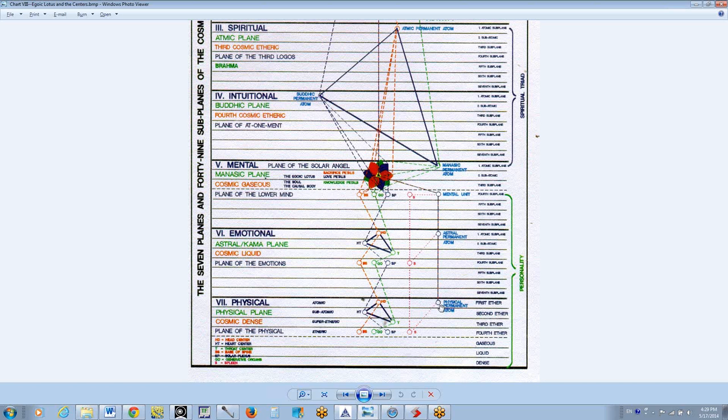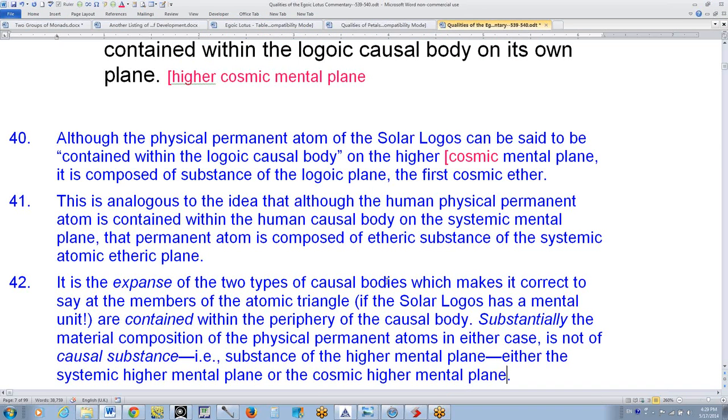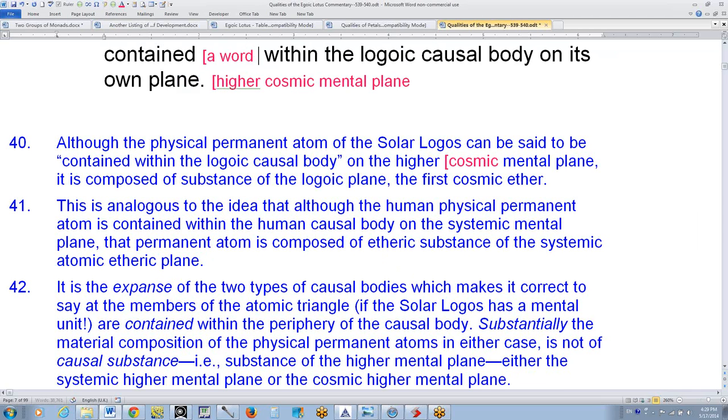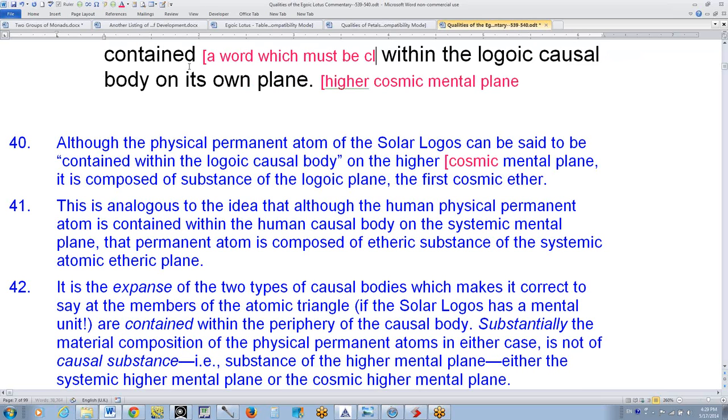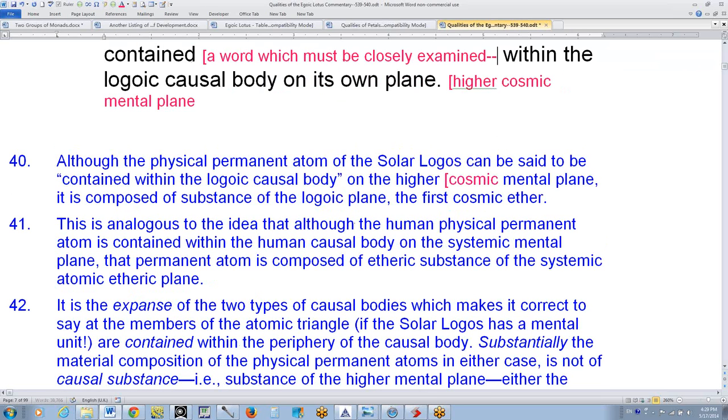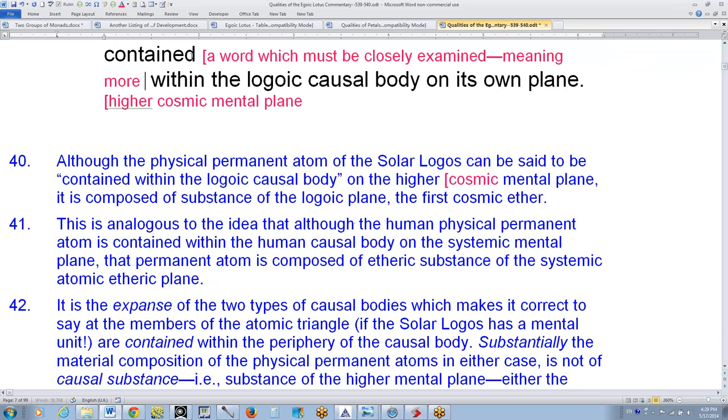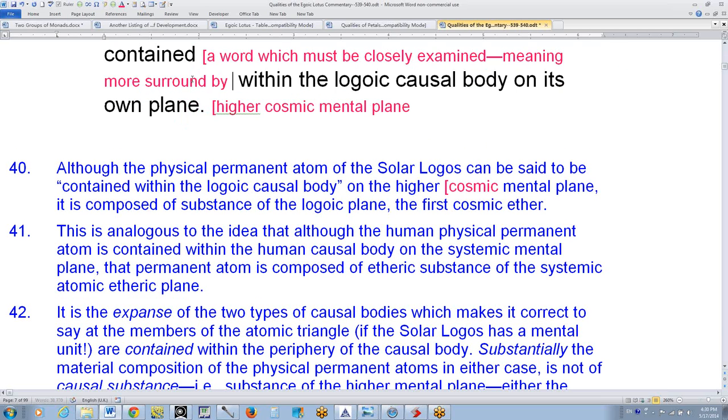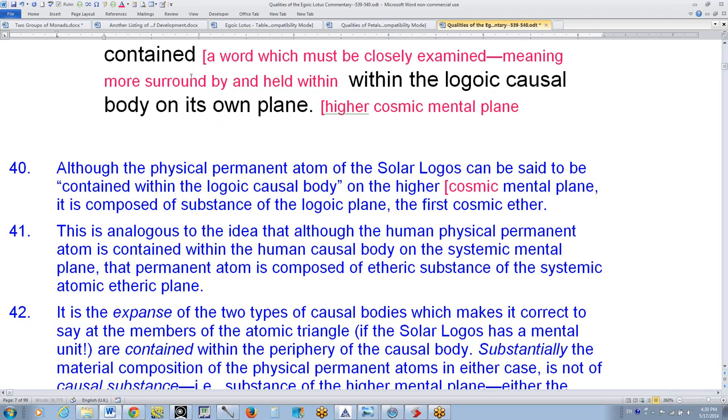It doesn't mean that the physical permanent atom actually moves to the higher mental plane, nor does it mean in the solar logoic sense that the physical permanent atom of the solar logos, which is found on the systemic logoic plane, moves to the cosmic mental plane, and yet it is contained. So contained, a word which must be closely examined, meaning more surrounded by and held within a periphery.